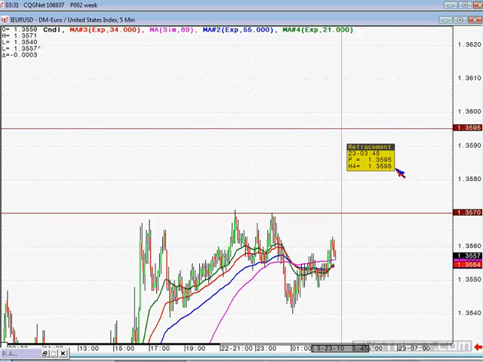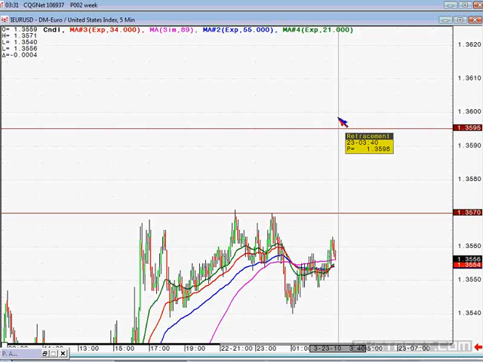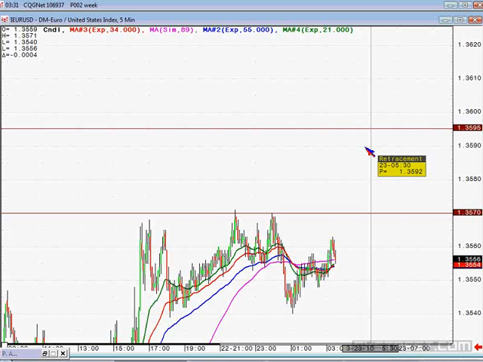When the pullback happens, then you know that what we are expecting should happen. And when the price starts to break the second time with a minor pullback happening, then we can say that would be a viable trade and we can go long.